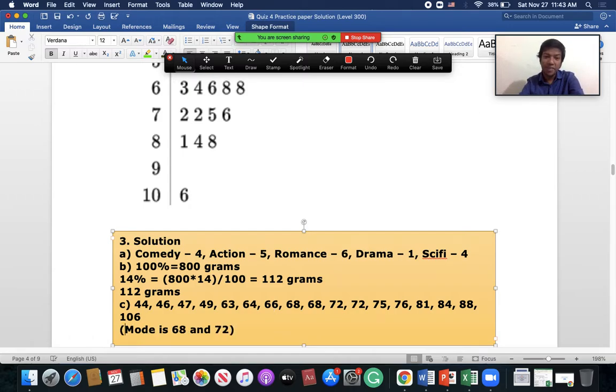See, in maths, it is impossible to show partiality. Suppose I like 68, and I say okay, 68 is the mode, so partially I like it. But then you will notice 72, and you will be like, sir, why is 72 not the mode?